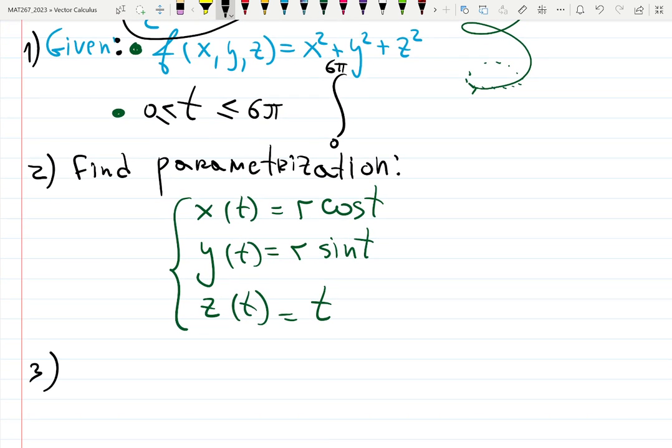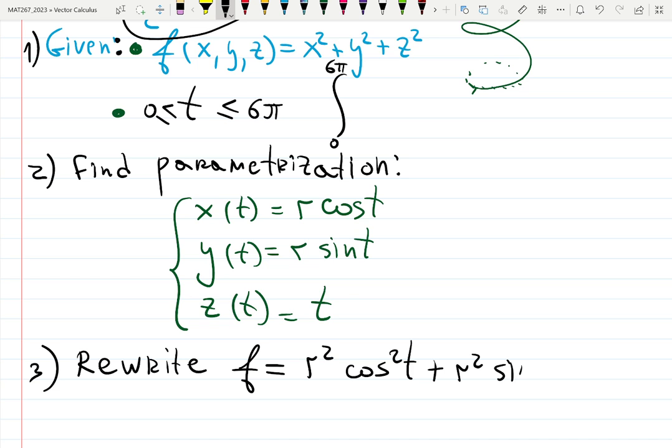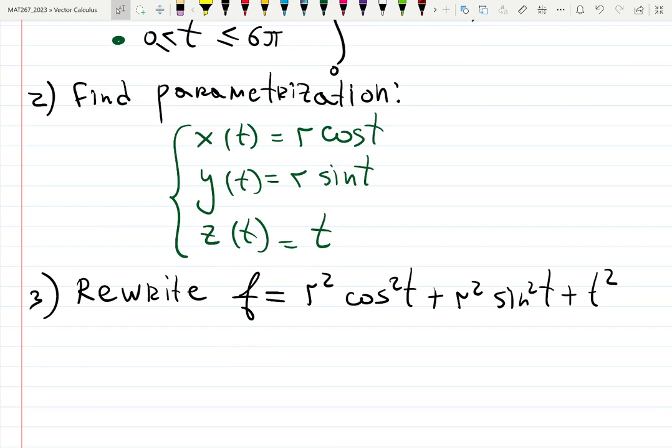Step 3. Rewrite f. f can be changed now in terms of t. That's the goal. x squared plus y squared plus z squared gives you r squared cosine squared plus r squared sine squared plus t squared, which nicely simplifies to r squared plus t squared.